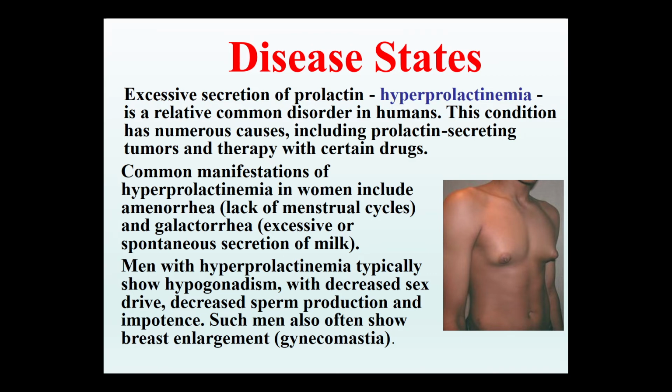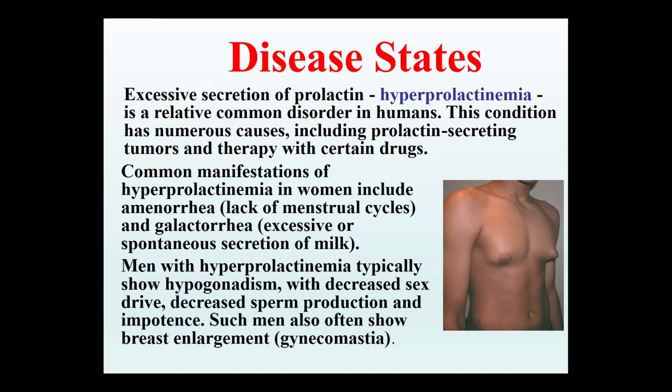You see how many functions. That's why excessive secretion of prolactin, hyperprolactinemia, has different symptoms. And it is a relatively common disorder in humans. Hyperprolactinemia has numerous causes, including prolactin-secreting tumors and therapy with certain drugs.